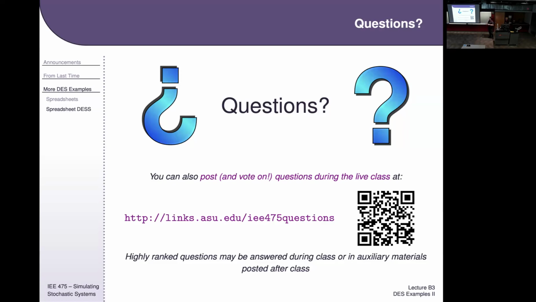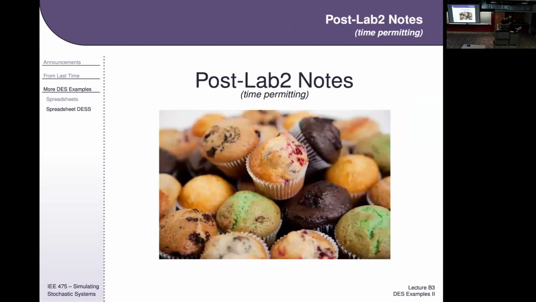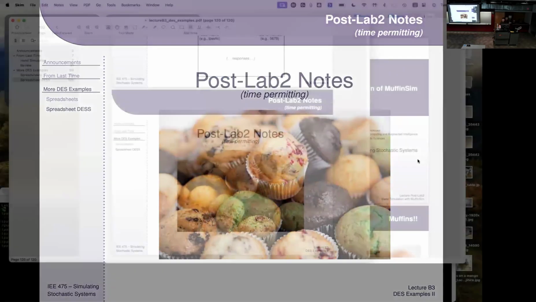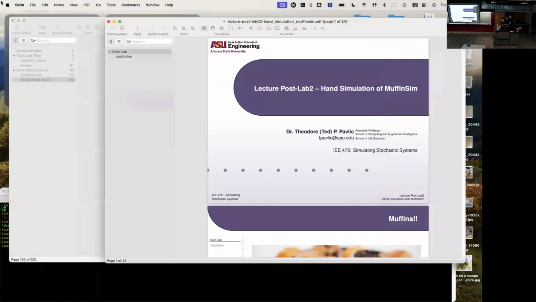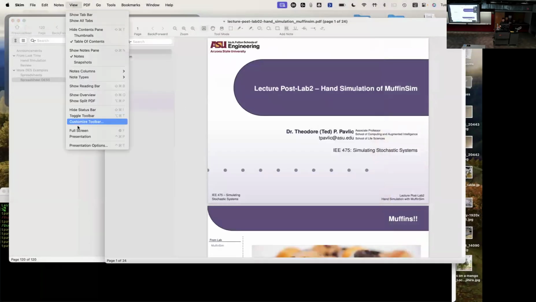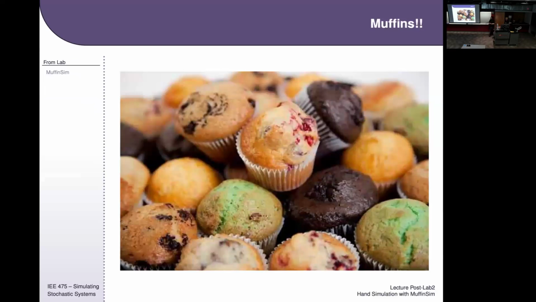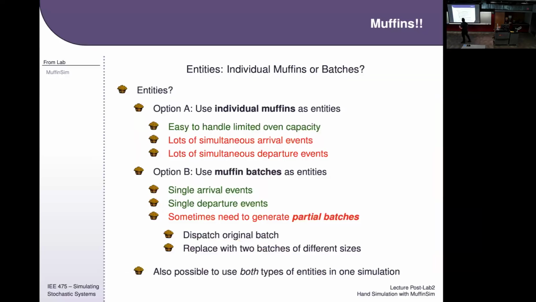All right, let me flip to post lab 2 here. Lab 2 is about this muffin baking operation. The question here is, what are the entities? Individual muffins or batches?